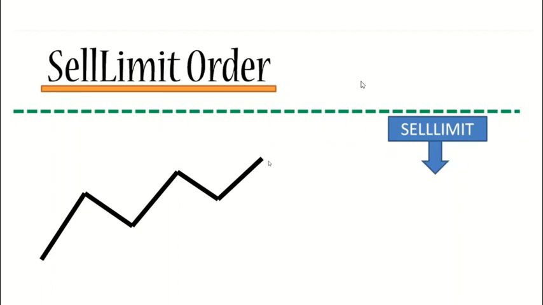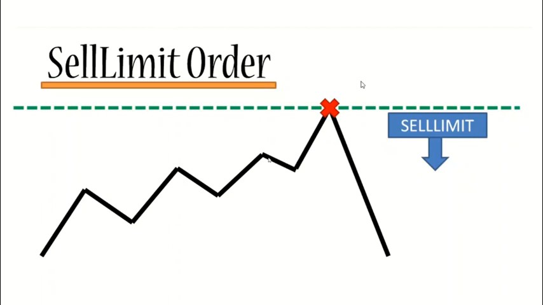With a sell limit, the market will move in an upward direction, and you think when it hits a certain area, it's going to bounce back and move in a downward direction. So what do you do in this case? You execute a sell limit, because this is the limit, this is the area where you feel that the price will exhaust and move in a downward direction.